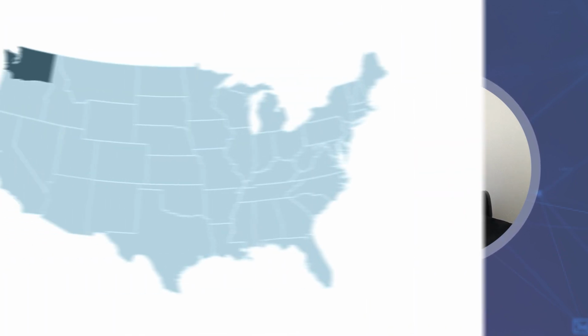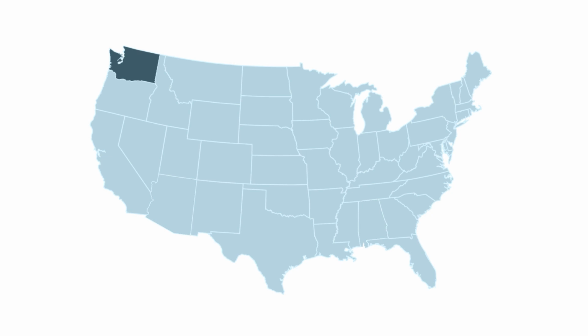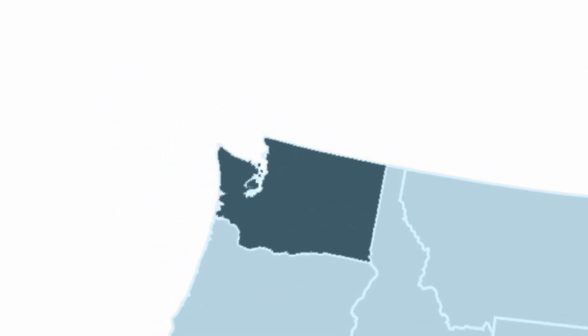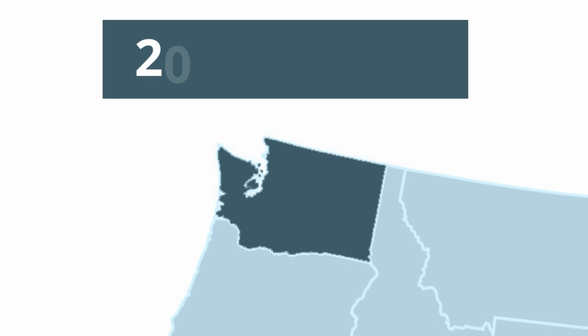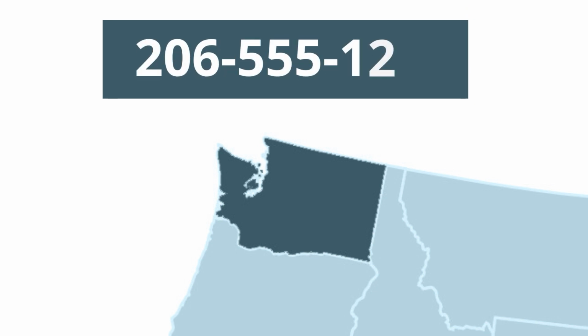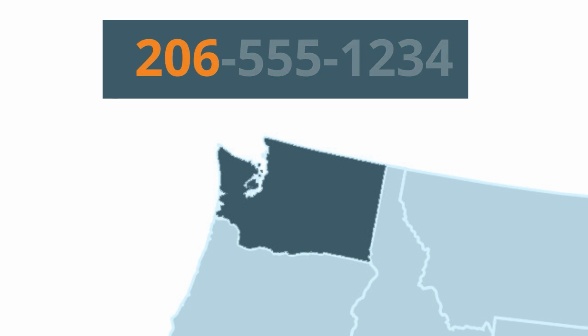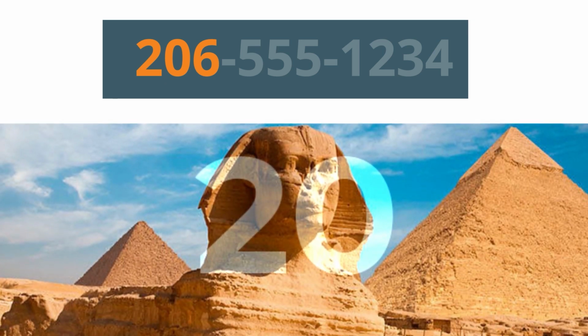For example, if the user is traveling in Washington state in the United States and makes a local call, the vendor might provide a phone number like 206-555-1234, with 206 as the local area code. From an international perspective, however, it would be easy for your system to misread those first two digits as the country code for Egypt, which is 20, and to charge for an overseas call.